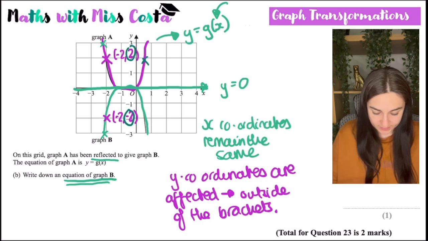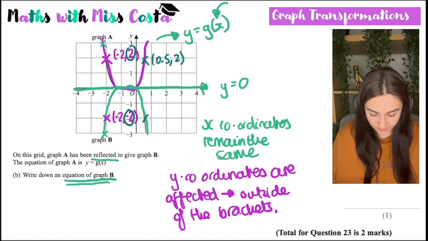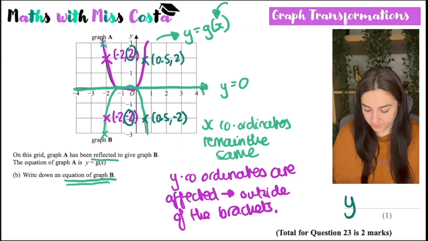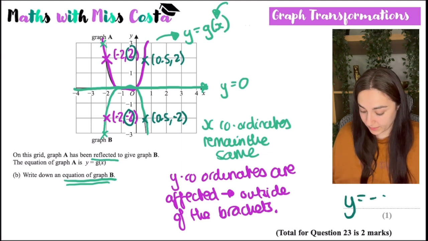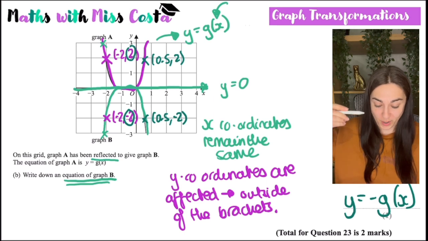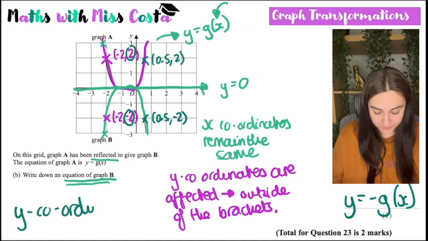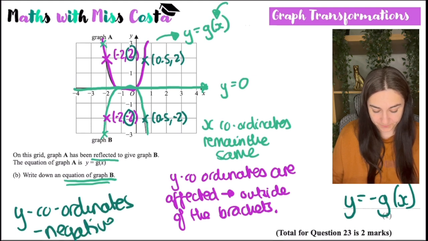Over here, that would be 0.5, 2, and then over here is 0.5, negative 2. So the equation of the graph is going to be y equals minus g of x, because the graph has been reflected and all of the y coordinates are now their negative versions.